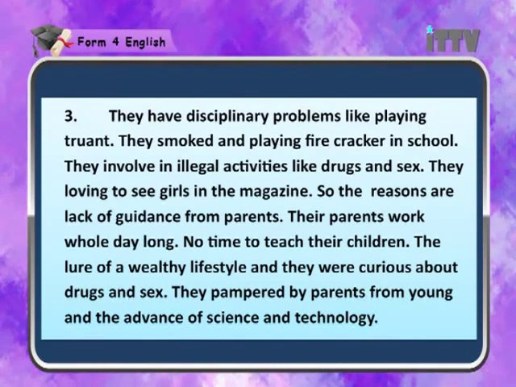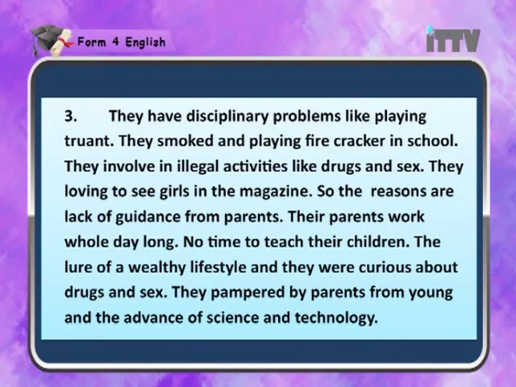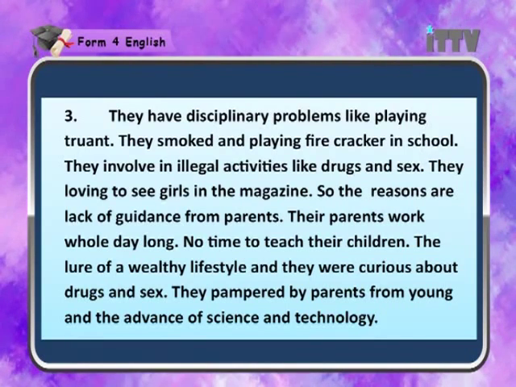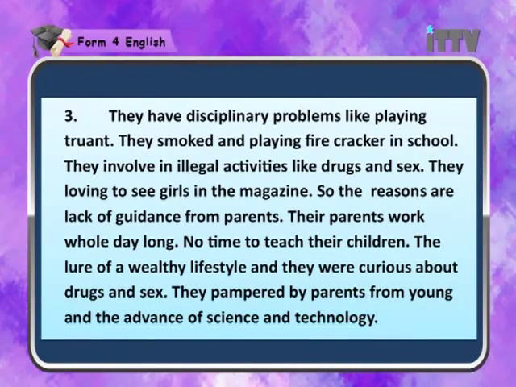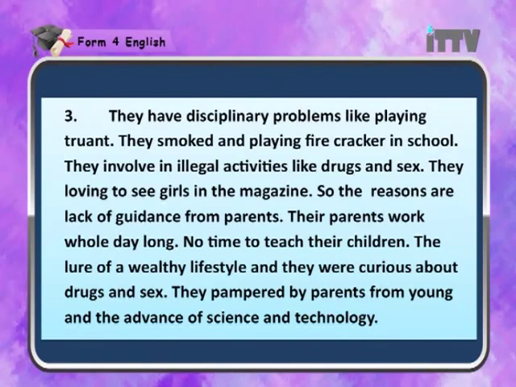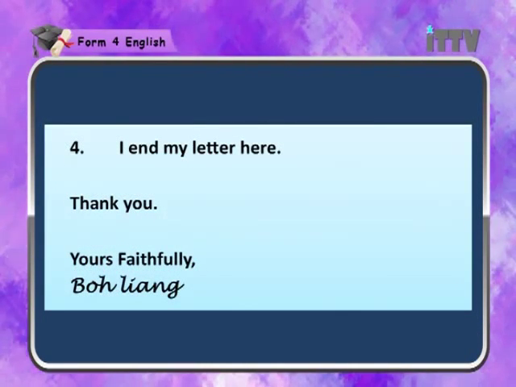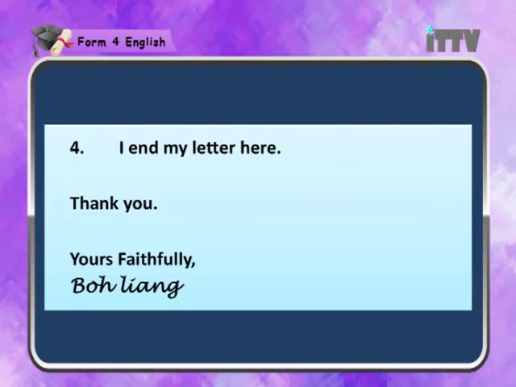Their parents work whole day long, no time to teach their children the lure of a wealthy lifestyle, and they were curious about drugs and sex. They pampered by parents from young and the advance of science and technology. 4. I end my letter here. Thank you, yours faithfully, Bo Liang.